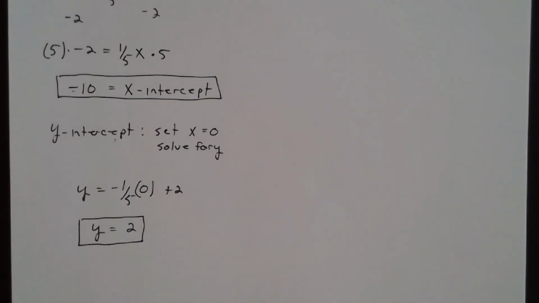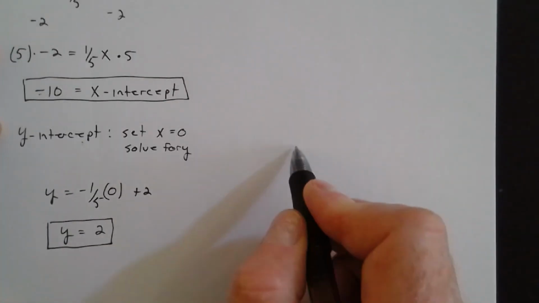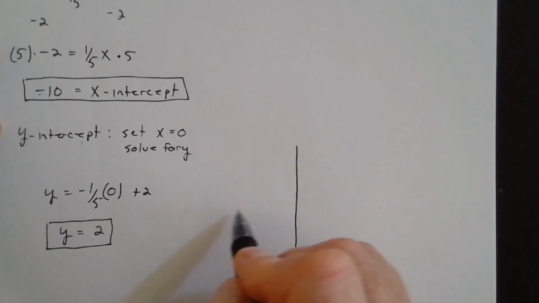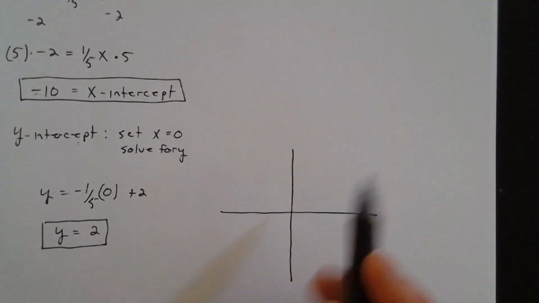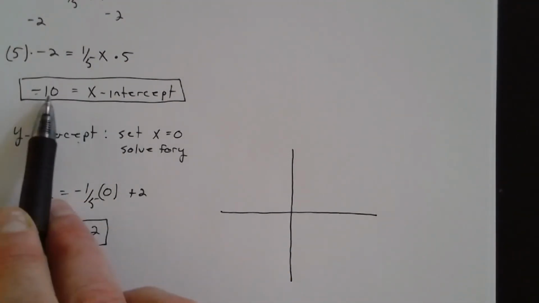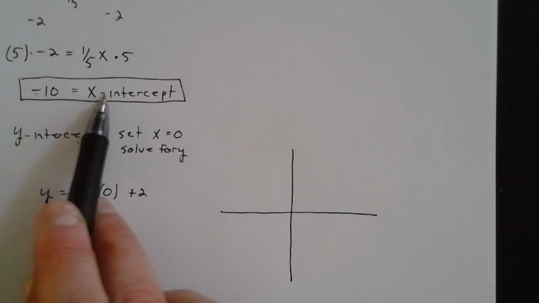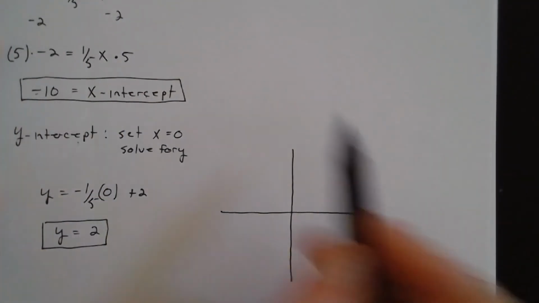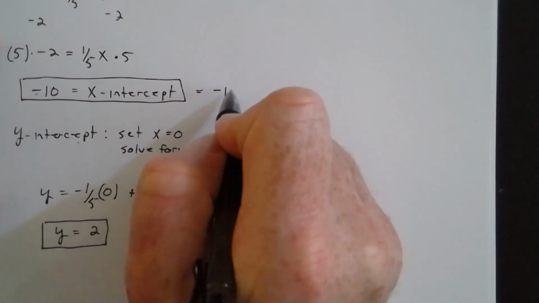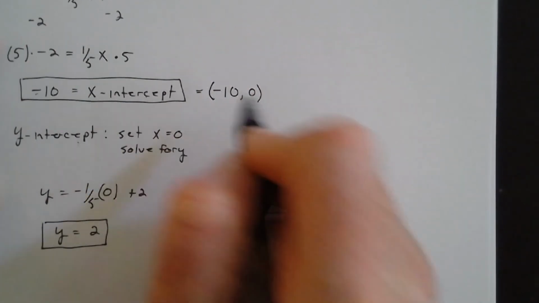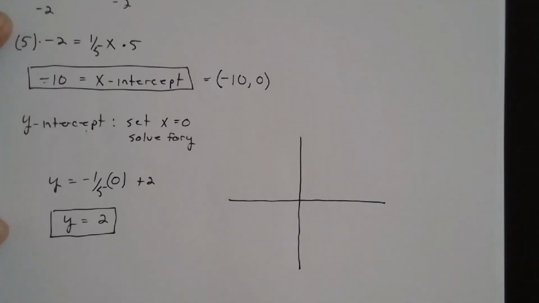Well, we found 2 points, so now we should just be able to draw our line. And so let's go ahead and draw our graph. Our x-intercept occurs when y is equal to 0, so we have negative 10 and 0. It's always going to be a coordinate, right? There's got to be two points for a coordinate.